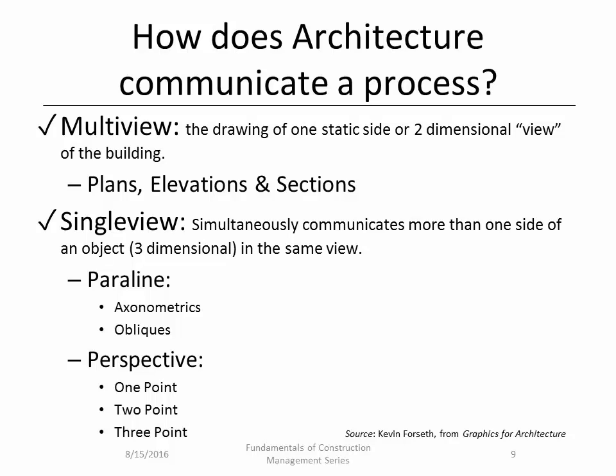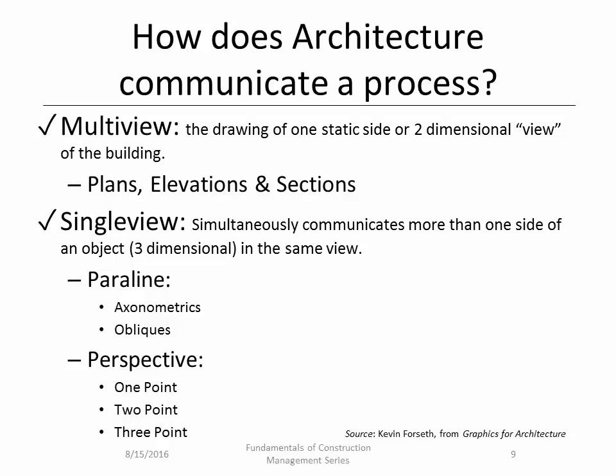So we have plans, we have elevations, we have sections, we have detailed drawings, we have many different drawings, and this would be the typical set of drawings that you would expect to see, but they're called a multi-view drawing. And then, not to be too confusing, but we have what we call a single view, where we've been able to simultaneously communicate more than one side of an object in the same view.